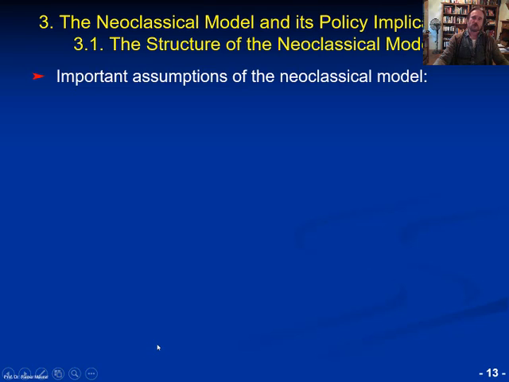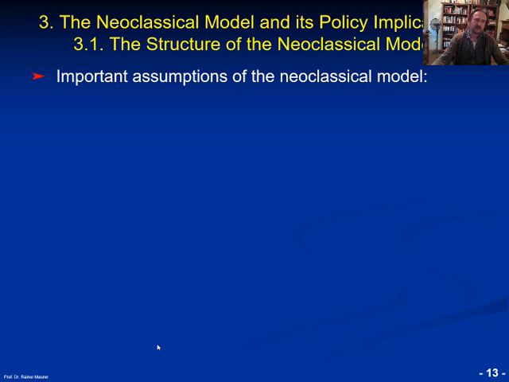Now, we have, of course, to develop again a much more detailed version of the neoclassical economy that can give us answers to questions like how does monetary policy affect the economy, how does fiscal spending policy by the government affect the economy, and how do economic supply or demand side shocks affect the economy.